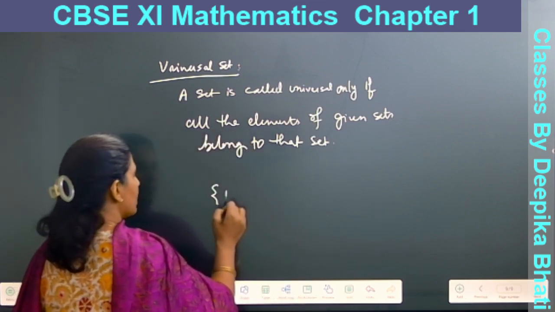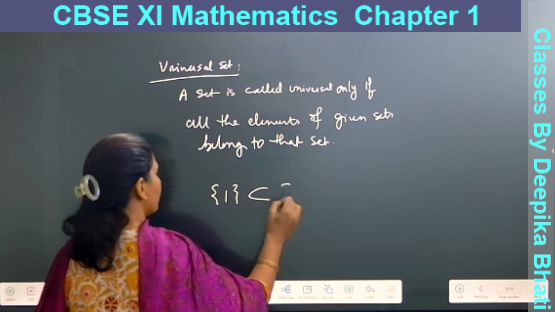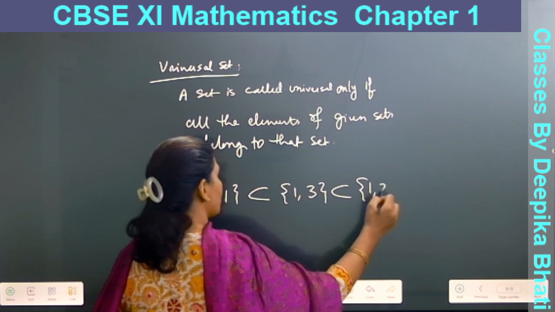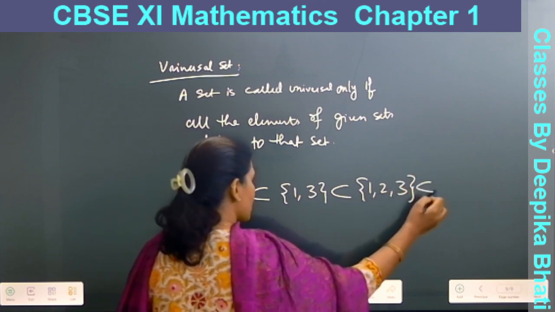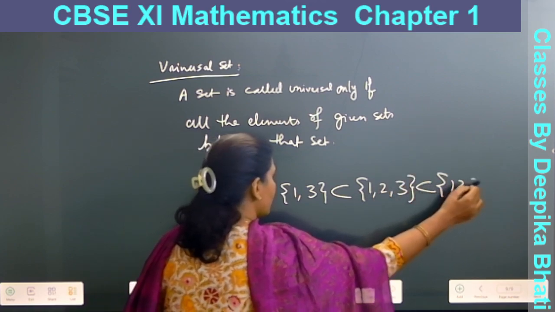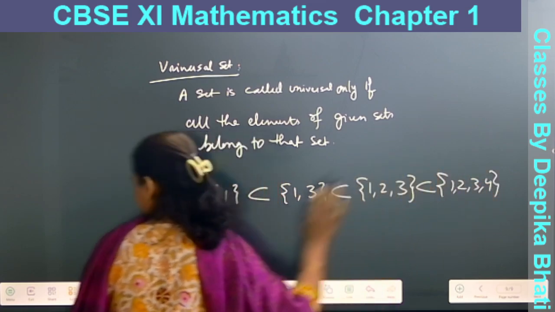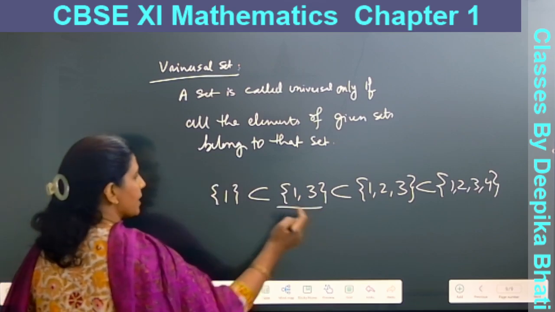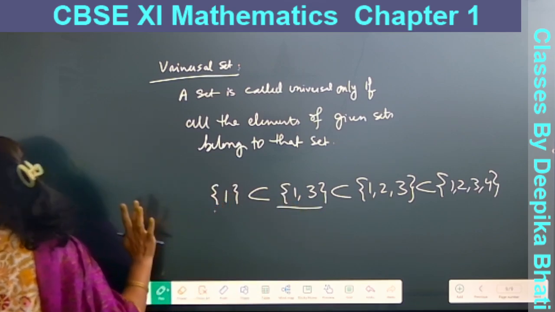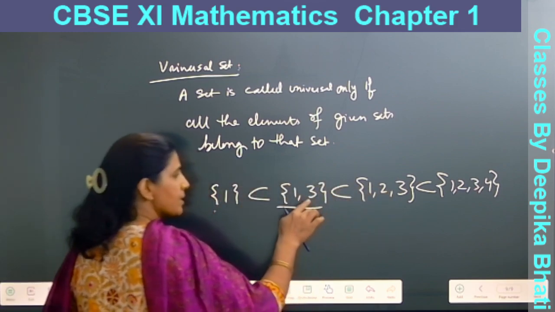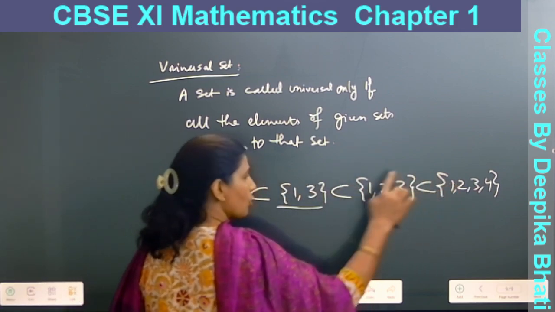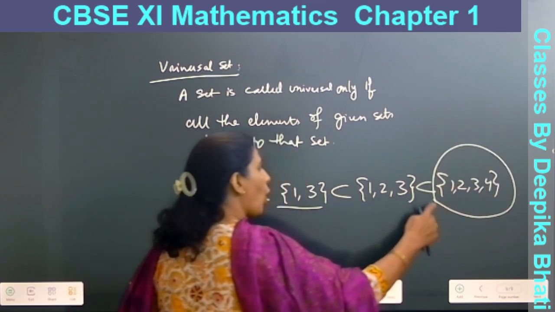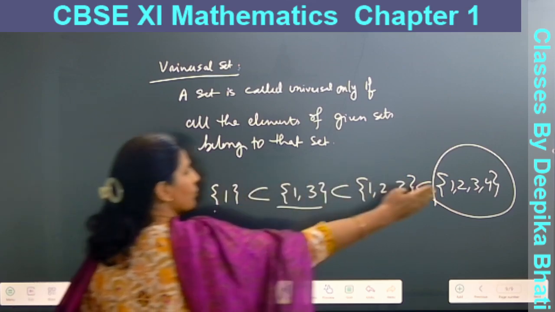If I say 1 is a subset of 1 comma 3, which is a subset of 1 comma 2 comma 3, which is a subset of 1 2 3 4, right? Here I give you a chain. This is superset for this, this is superset for this, this is superset for this. So the one which is superset for all the subsets is the universal set.